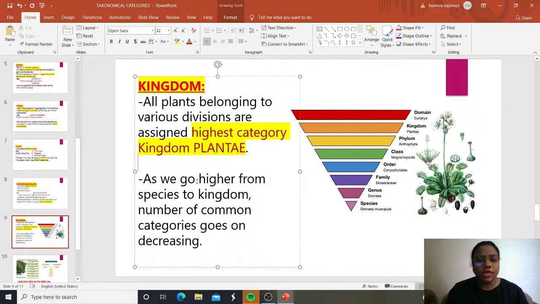And as we go higher from species to kingdom, the number of common characters goes on decreasing.